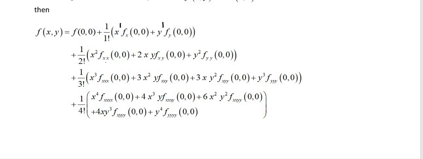Here x power 4 is there, f_xxxx. x cubed y is there, so 4 f_xxxy. x square y square, 6 f_xxyy. x y cube, 4 f_xyyy. y power 4, f_yyyy. And also observe, no y, 1 y, 2 y's, 3 y's, 4 y's. Like this, you can remember this expansion.